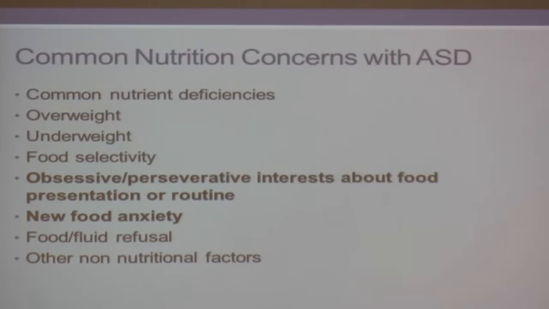When are we going to eat again? That kind of behavior also. And then new food anxiety. Sometimes just the thought of having a new food presented can cause pretty significant behavior, whether it's tantrums or undesirable behavior.